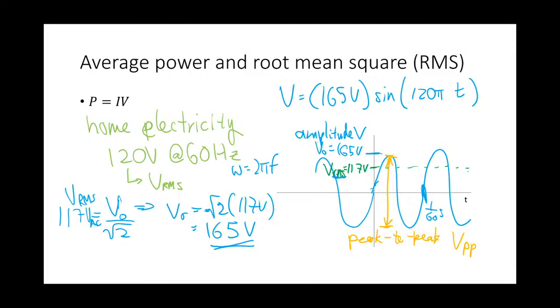Technically it's peak to valley, I guess, which is going to be twice the amplitude, which will be, I guess, 330 volts. So that's the nomenclature you've got to get used to between amplitude, RMS, and peak to peak.